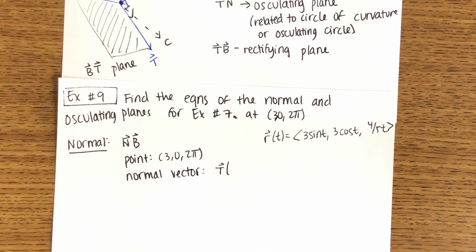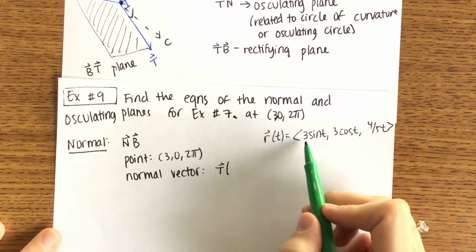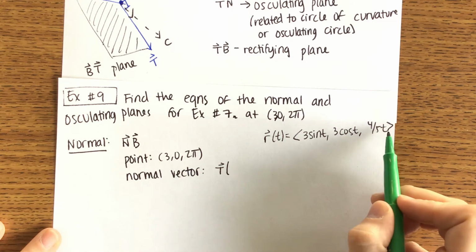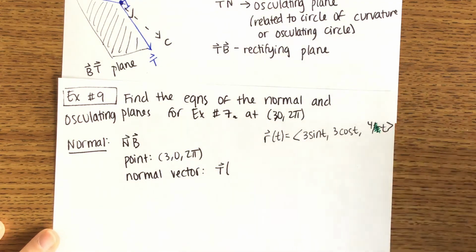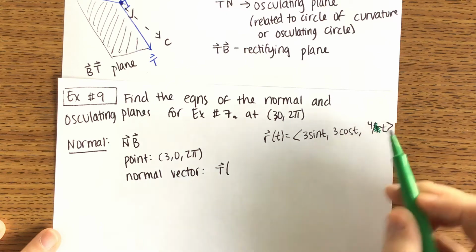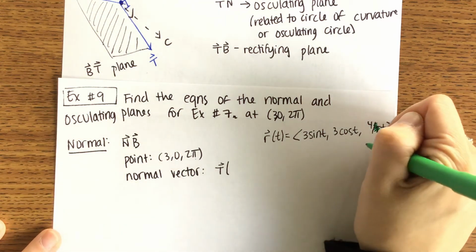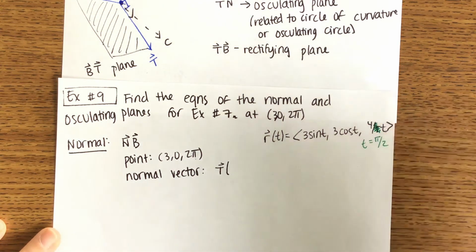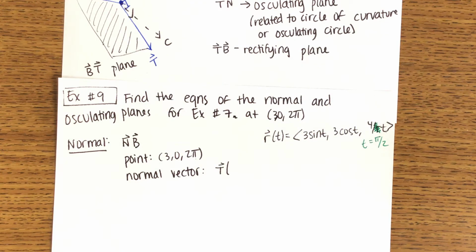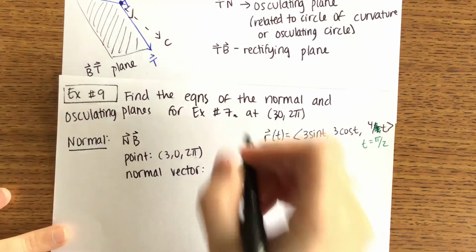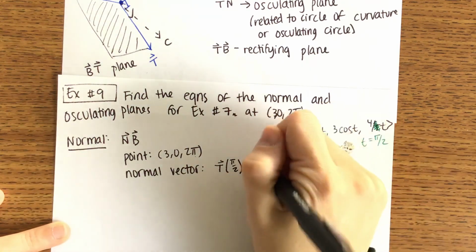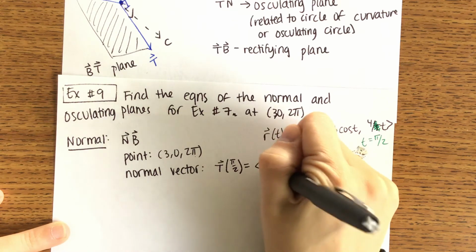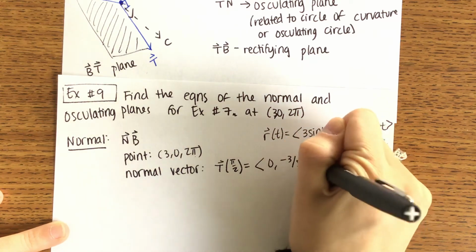So how do we know what value of t to plug in? Is it 4t? Okay, so if we set 4t equal to 2 pi, we get t to be pi over 2. Plug that into x and y, and sure enough, you do get 3 and 0. So if we plug in pi over 2, you guys have the vector already written, but if you plug it in, you should get 0, negative 3/5, and 4/5.